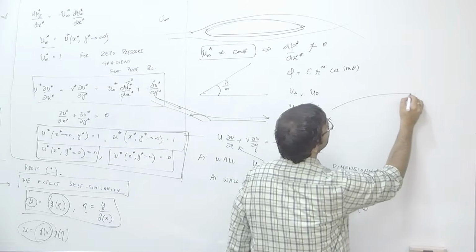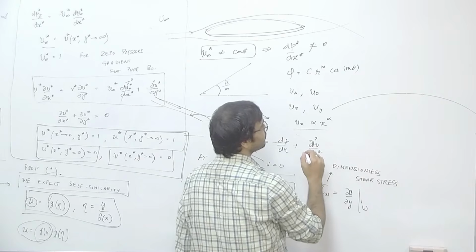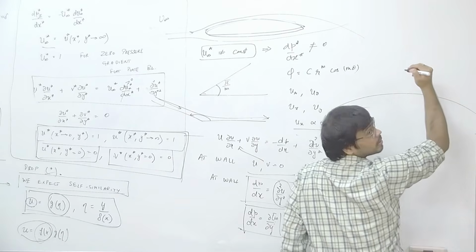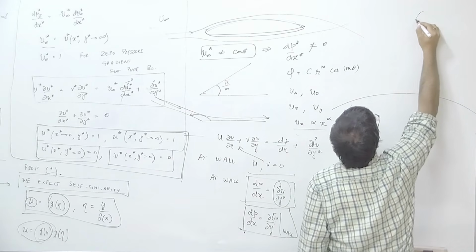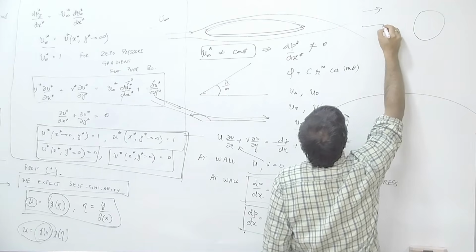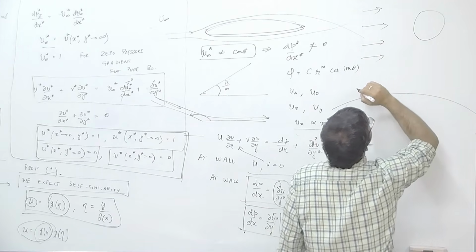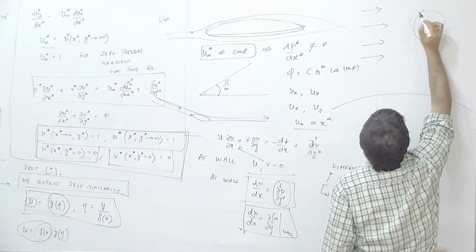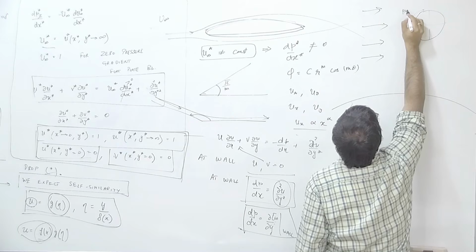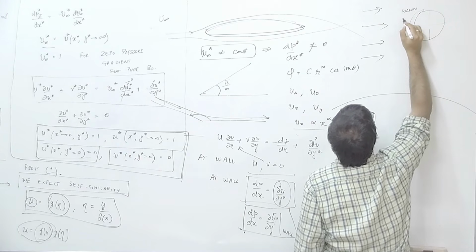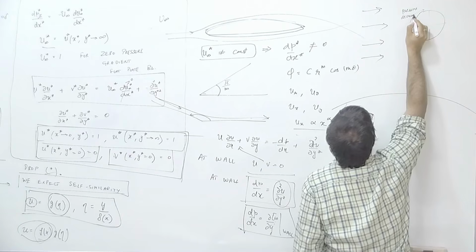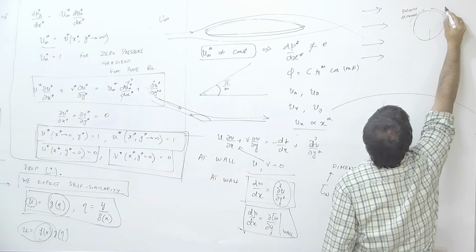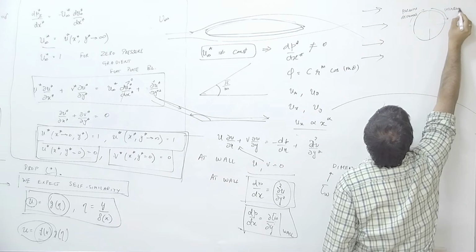So, let us say you have a curved face like this, okay, and as it happens, you can confirm this when you solve for inviscid flow past a cylinder. You can show that pressure decreases on this side of the cylinder and pressure increases on this side of the cylinder.